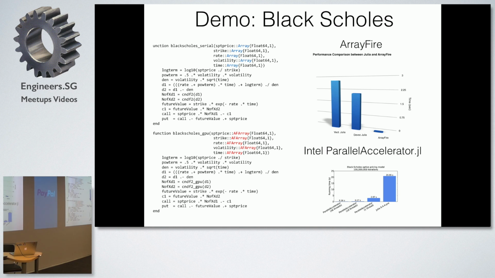We have another compiler project called Intel's ParallelAccelerator.jl, and there's a blog post on the Julia blog that talks about this. This is the Julia vectorized version. These are not directly comparable because they're doing different iterations, so these two are separate graphs, but within a graph you can compare.